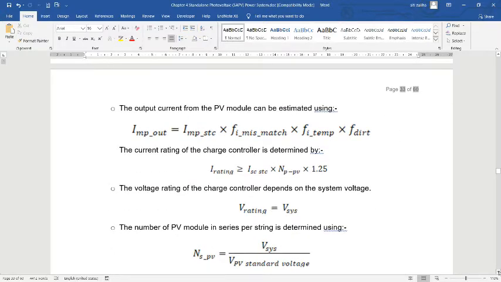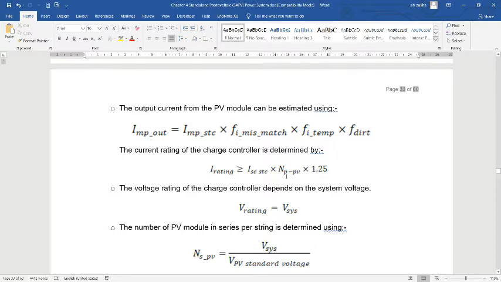Okay, after that you need to calculate the current rating of the charge controller. So it's determined by I rating equals ISC STC. This is the short circuit current at standard test condition. This you can get from the datasheet of the PV module, multiplied with the number of parallel strings of your PV modules.